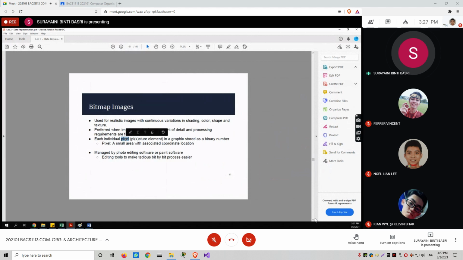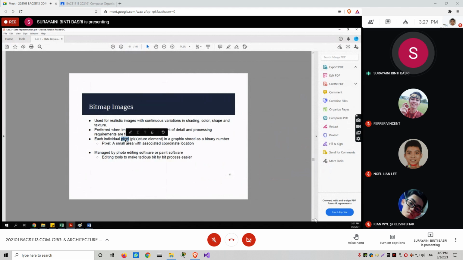I don't know about you, but usually ladies will be concerned about the pixels of their phone camera. The higher the pixel, the more detailed the picture that you can get.